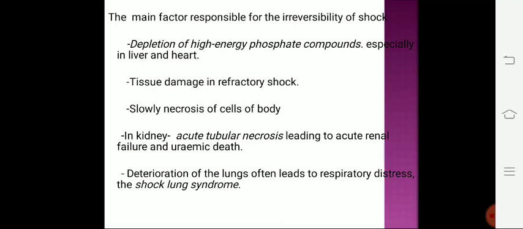Patchy necrosis first appears in the cells of the liver, then kidney tubules, lungs, and then the heart. In the kidney, acute tubular necrosis occurs, leading to acute renal failure and uremic death. Deterioration of the lung often leads to respiratory distress, the shock lung syndrome.